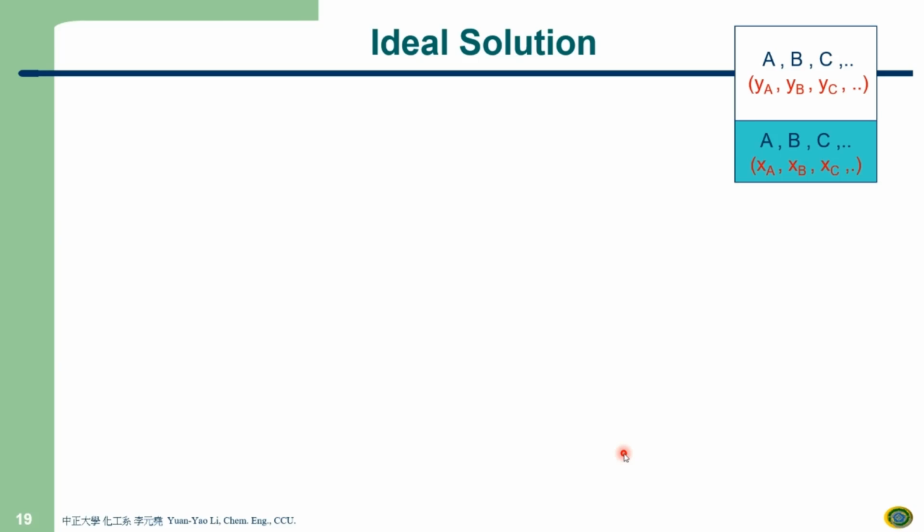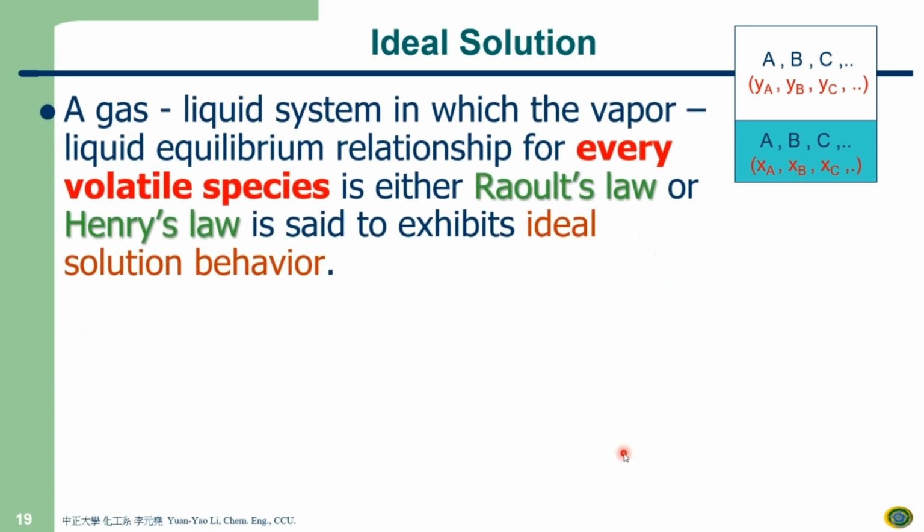Right. So this is a new term I want to introduce to you. It's called ideal solution. You have heard a term called ideal gas. Have you heard a term called ideal solution? What's an ideal solution?